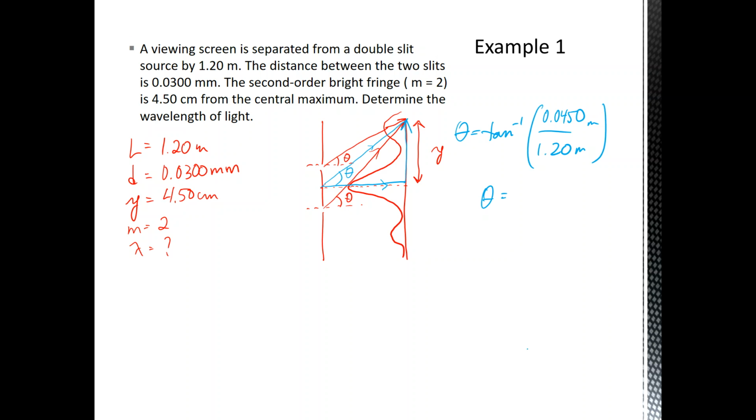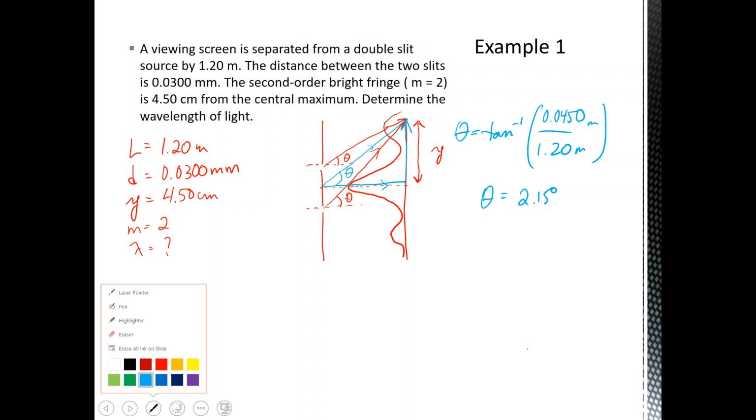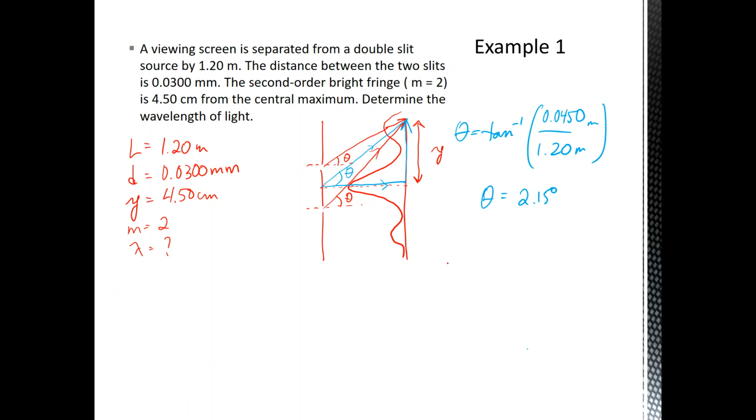So remember an angle for me? Yes, small angle. 2.15, sounds about right. 2.15 is that angle. Now I also know that I have this equation to deal with, d sine theta equals m lambda.